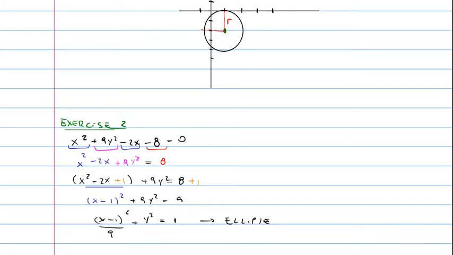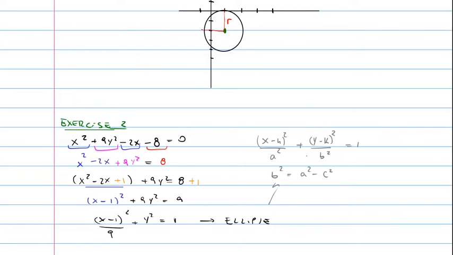And the general formula for an ellipse with center in h, k was x minus h squared divided by a squared plus y minus k squared divided by b squared equal to 1, where b squared was equal to a squared minus c squared.